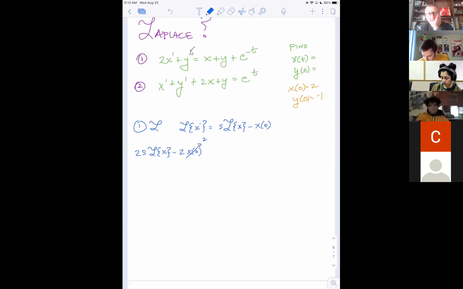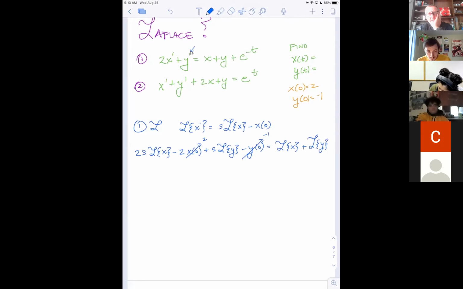And then the Laplace transform of Y prime, which would be s times the Laplace transform of Y minus Y of 0. Again, I know what that is. It's -1. Equals the Laplace transform of X, plus the Laplace transform of Y.